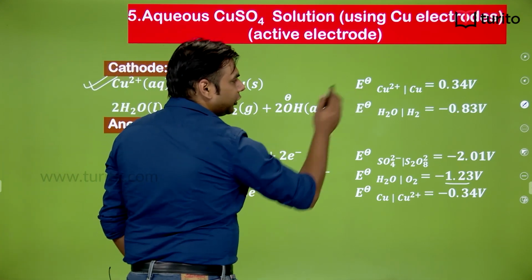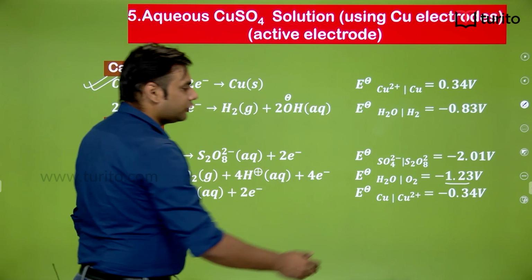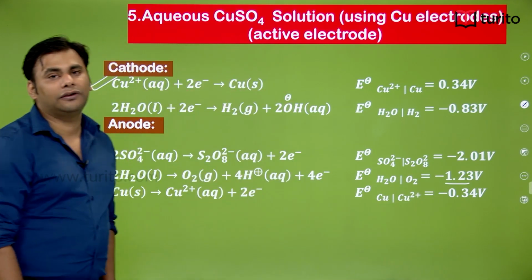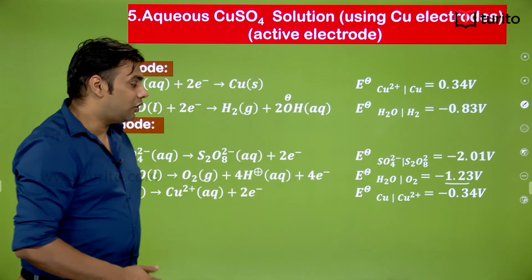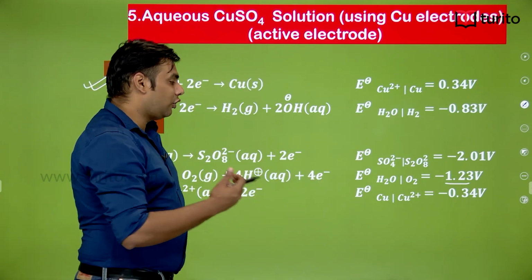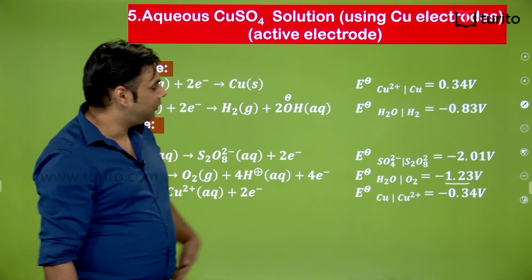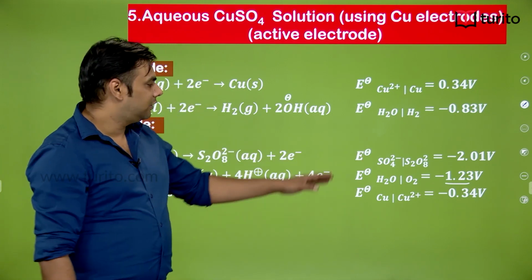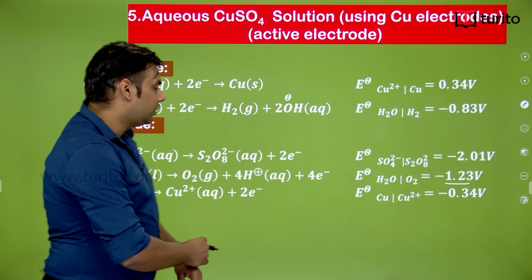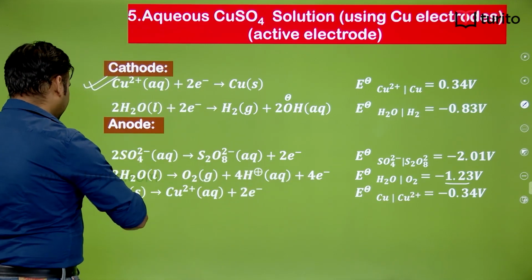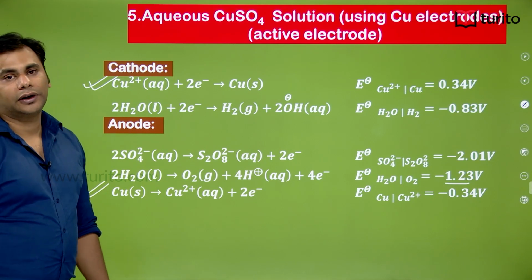Now the reduction potential of this was 0.34 volt, so the oxidation potential would be minus 0.34 volt. Now you can clearly see the three values. The oxidation potential of copper changing into copper 2 plus is much higher than that of sulfate and water, as it has a less negative value. So in this case the oxidation of copper will take place.